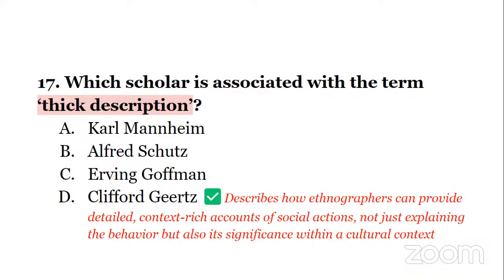Thick description means how ethnographers give detailed, in-depth, context-rich accounts of social actions. They are not just explaining the behavior, but also the significance of the subject they are studying in a cultural context.